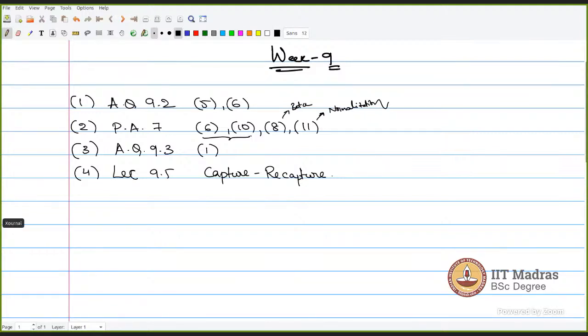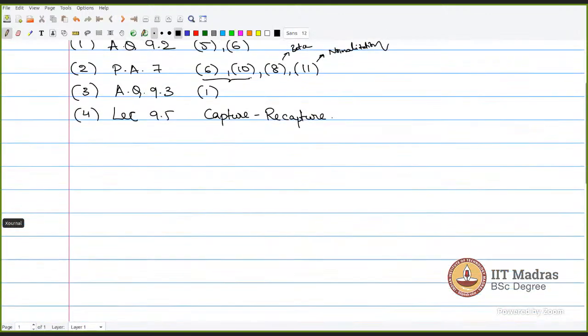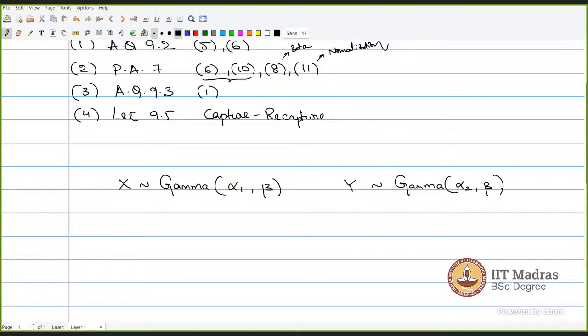Have you watched the lecture of this? Yes, I watched the lecture. So we are not worried about how it comes, but we know if you have two different random variables, one follows Gamma(alpha 1, beta) and the other random variable follows Gamma(alpha 2, beta).